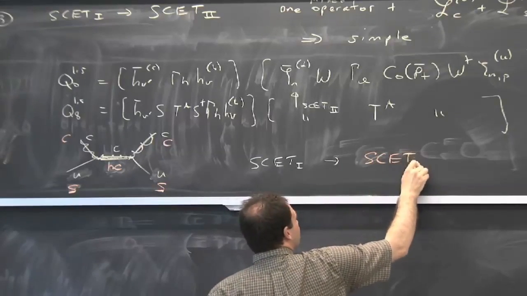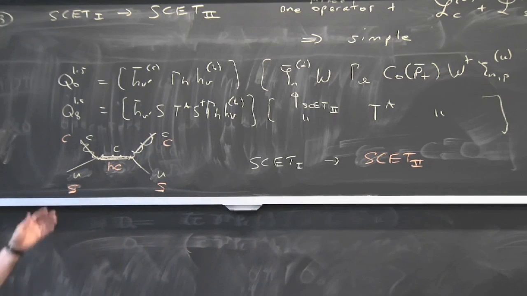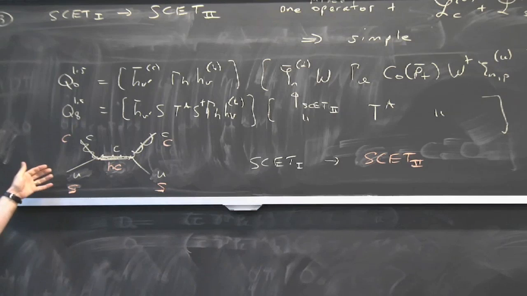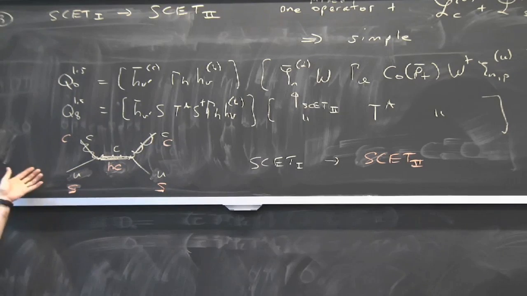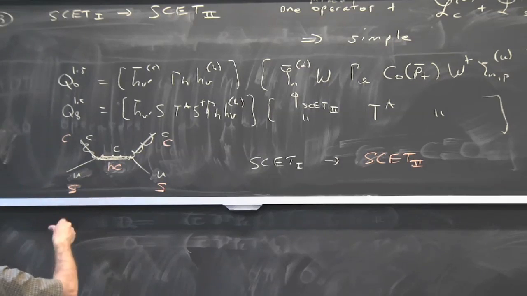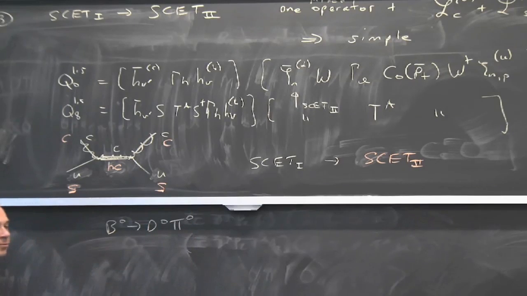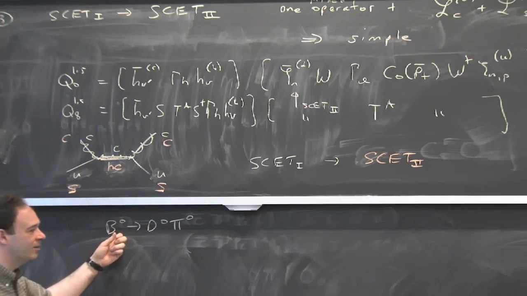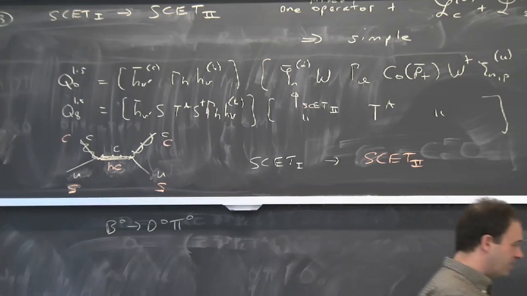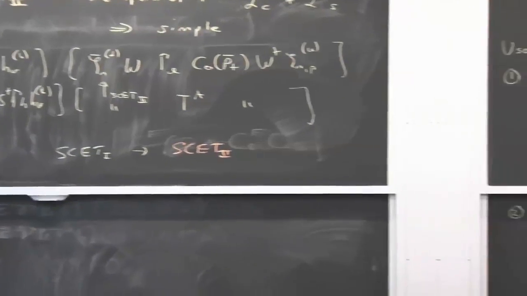But I'm choosing to do this rapidity renormalization group instead. Basically, this happens if you look at matrix elements where you have some subleading interactions. And there are examples in exclusive decays where this happens. One example is if you look at B0 to D0 pi 0, just having all neutral charges, then this will happen. It'll be more complicated than what I'm telling you, but you can derive a factorization theorem for this. It's power suppressed relative to the one we're talking about, because the one we're talking about always has a charged pion.